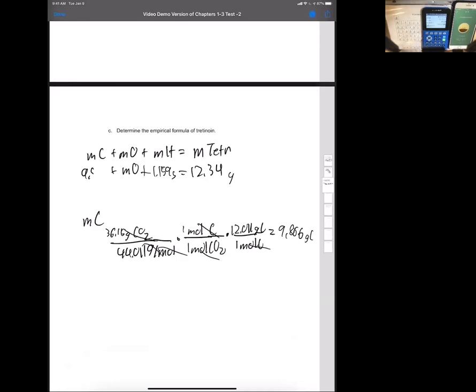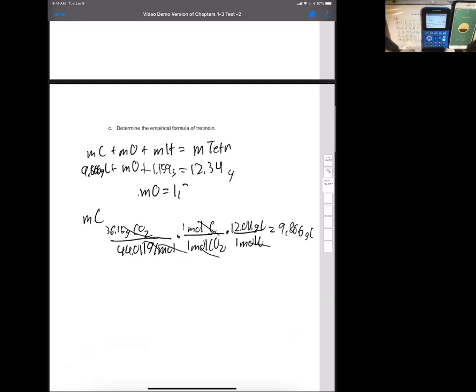There we go, 9.66 grams of C. Now, again, just do some algebra, and we get 12.34 minus, in parentheses, 1.159 plus 9.66. And again, this is a little bit messy because this is a time pressure test. Lots of stuff going on.